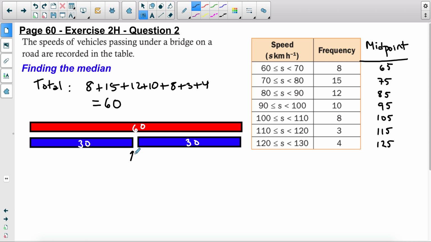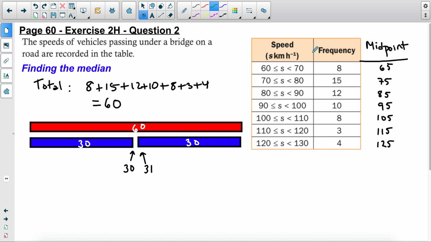So our middle value will actually be between the 30th and the 31st piece of data. If you're not sure what I'm talking about, I would recommend you refer to the previous video about finding the median from a discrete frequency table. So we have our 30th and 31st piece of data that we need to find. You can do this by counting through the table or by laying out your data and recognizing where your 30th and 31st piece of data lie.